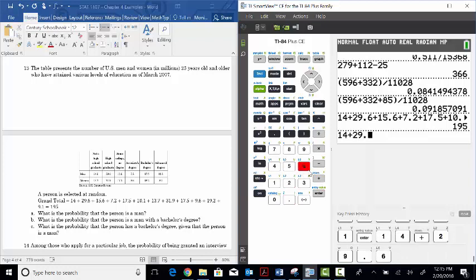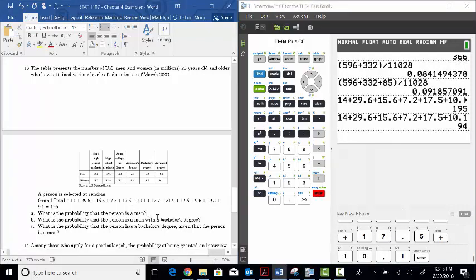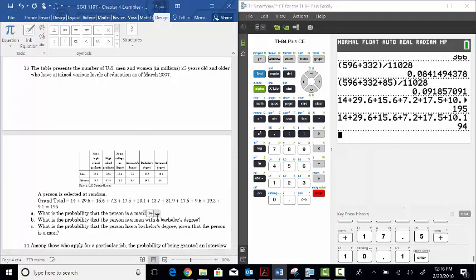So 14 plus 29.6 plus 15.6 plus 7.2 plus 17.5 plus 10.1, and I'm getting 94. So I'm going to have 94 over that 195.